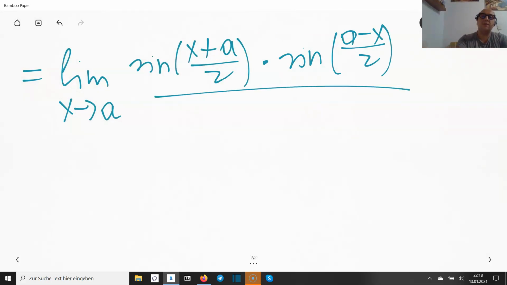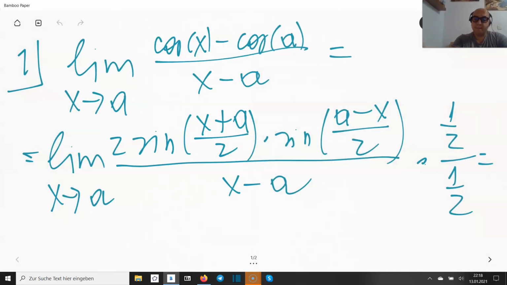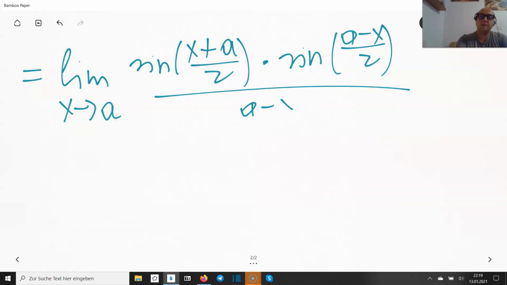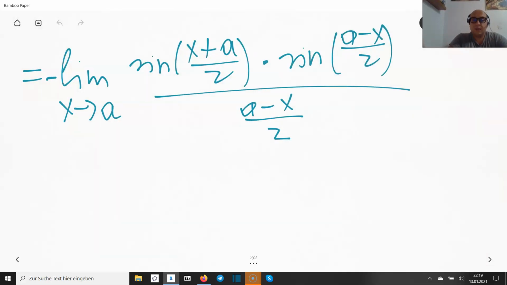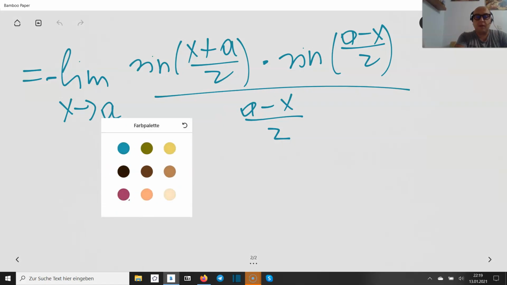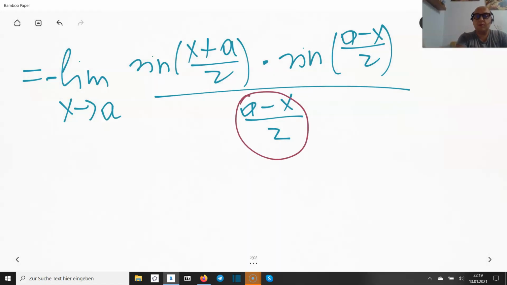But here I'm having a minus x, I would like to have now a minus x. So I switch it. I have times a half, and now I have minus in front. All right, because I switched the order, I had x minus a. Now I'm having a minus x. I'm kicking the minus.